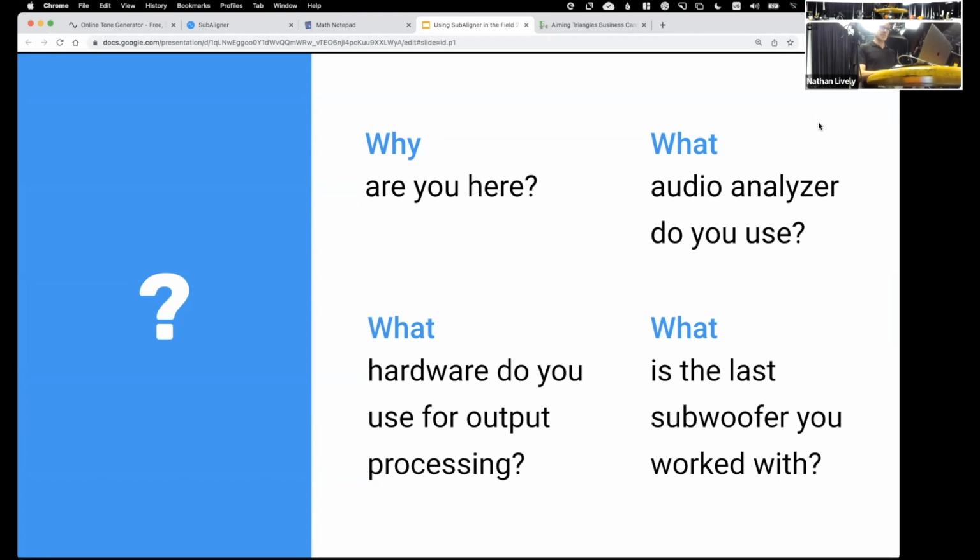And the last question: what is the last subwoofer that you worked with? So you and I just worked with the QSC K112. Mm-hmm. And what do you have at your venue?